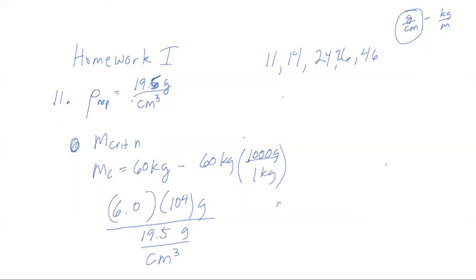Let's see what we got there. 6 times 10 to the power 4 divided by 19.5. I'm going to get a volume of 3,076.